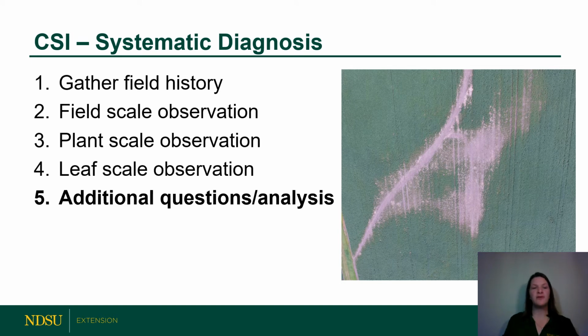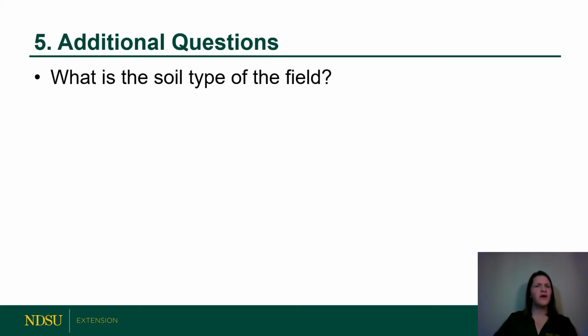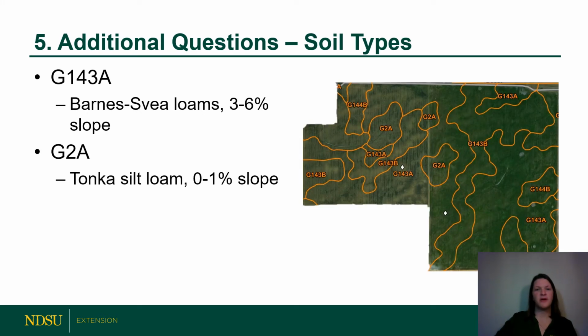So now after we're gathering all of our observations, are there additional questions that we need to look at? So what is the next step? One of the first questions I may ask is, what is the soil type of the field? That can relate to this aggregated distribution. So we have that first issue in the field that's happening in this area.